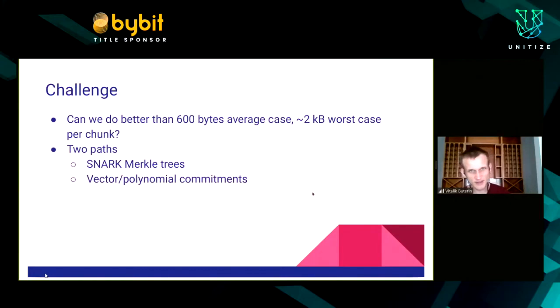The snark path is fairly easy to explain. You imagine you have a witness that contains all of these Merkle branches, and you're just going to create a snark or a stark that proves that there exist Merkle branches for a bunch of values. So instead of providing Merkle branches directly, we provide a proof that just proves that these Merkle branches exist.